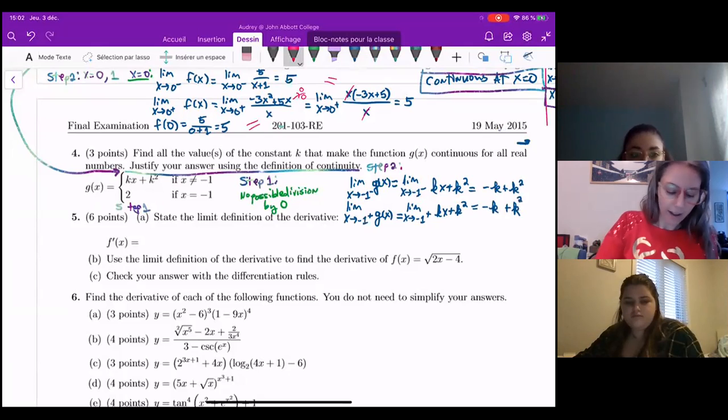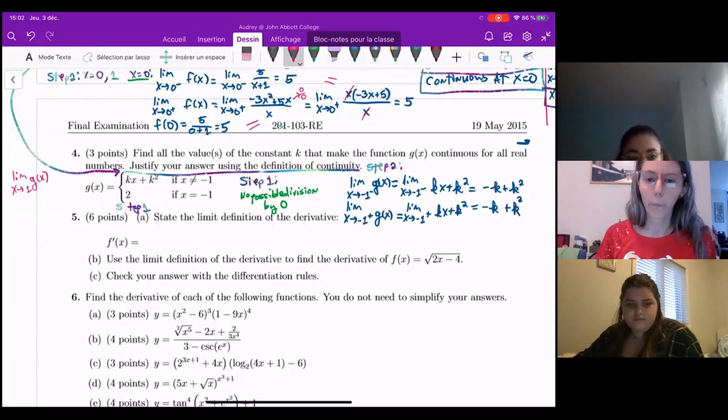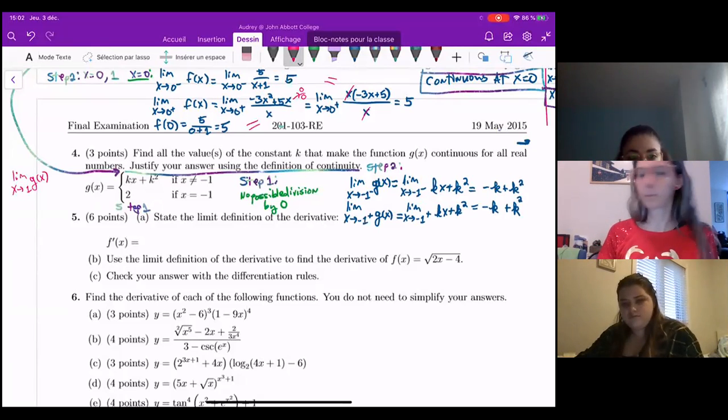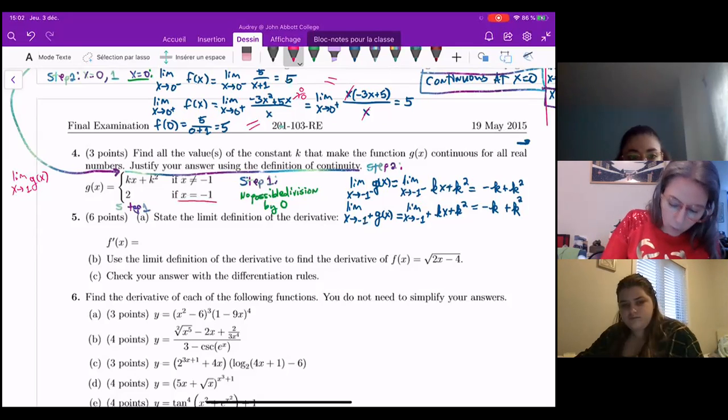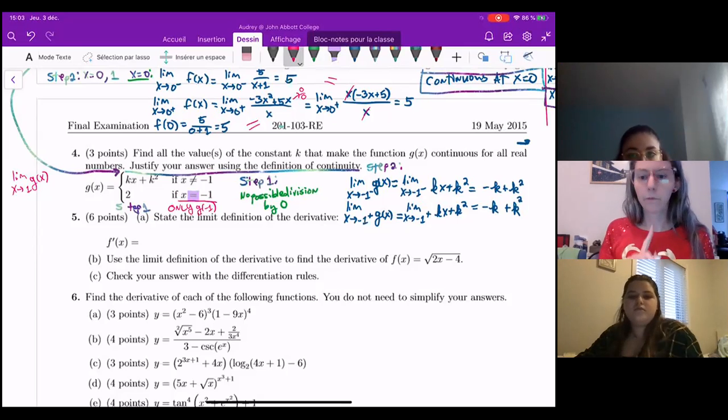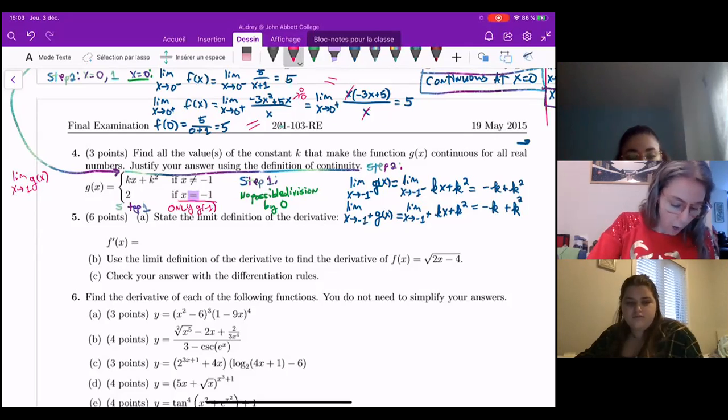Just a question, if I had just immediately done the limit as x approaches -1 of g of x, which one would I have gone to? This right here, when we have the equal sign, that is only for g of -1, never for a limit. For a limit, when we're doing limit as x goes to -1, we're saying look at the left and the right side.